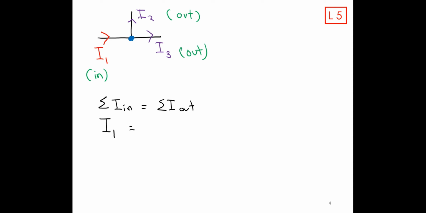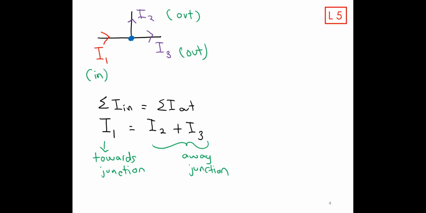And the current out, you have two currents, which are I2 and I3. So I2 plus I3. I1 is towards the junction, while I2 and I3 are away from the junction.